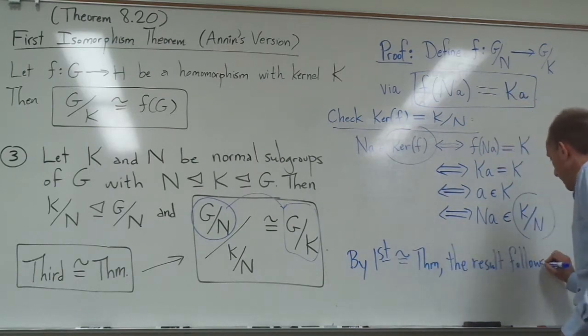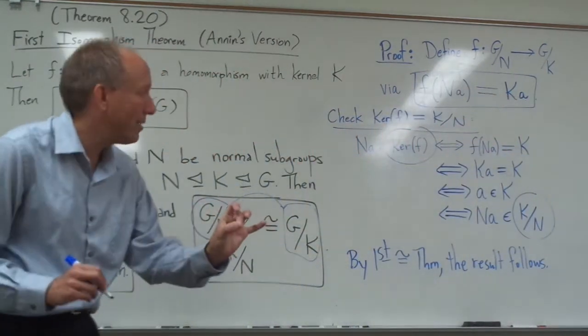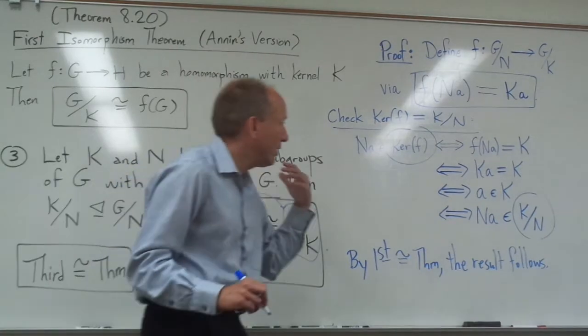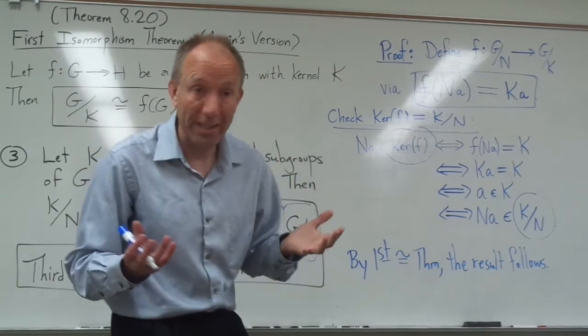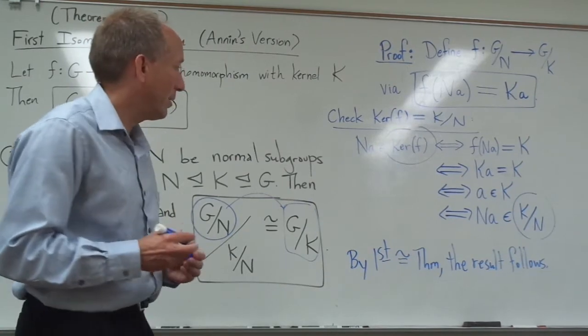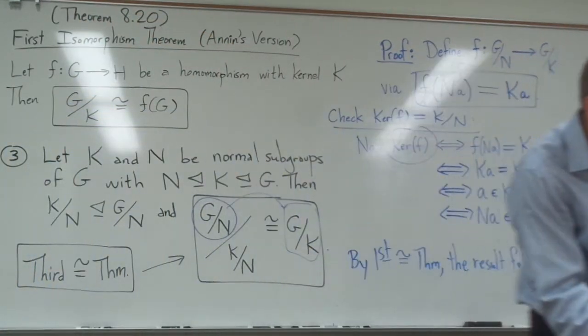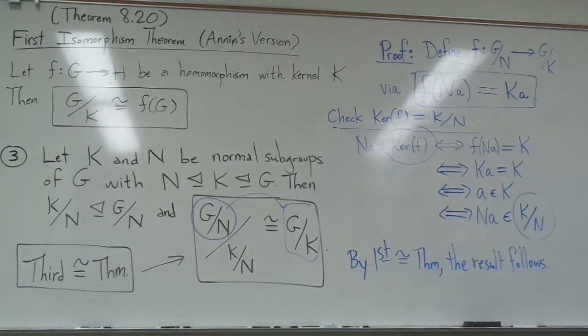So at this point, you've got all the pieces, all the little verifications that you had to do, and you don't really have to do any more heavy lifting. You just simply have to write down that the result is true now, using that first isomorphism theorem to do it. So that's a nice application, I think. I really like that particular problem.